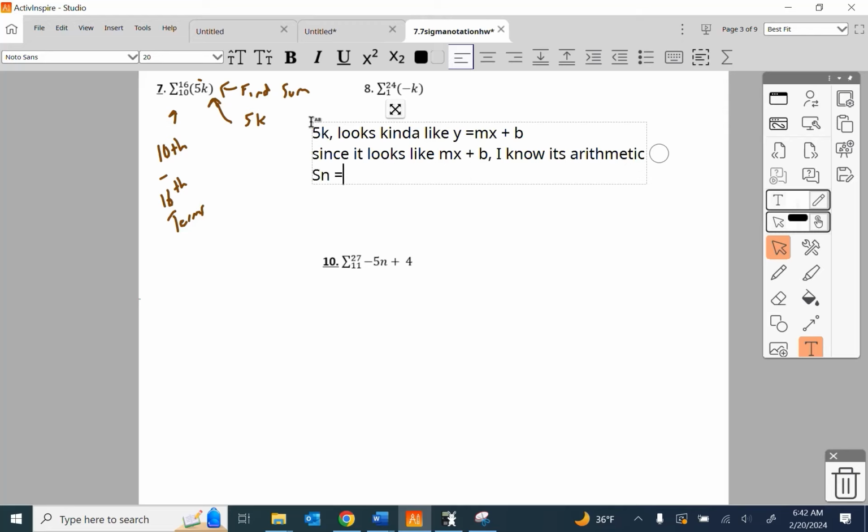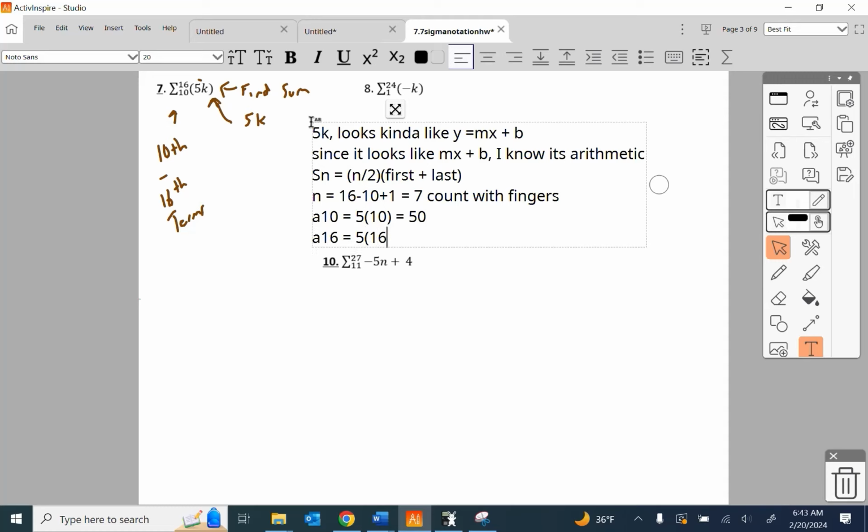So I get to use the form S of n as n over 2 times first plus last. Now n is going to be 16 minus 10, add 1 back. That's going to be 7. There's 7 terms. You can count with your fingers. The first term here that I care about happens when I plug in a 10. So a sub 10 is simply 5 times 10, which is 50. And the last term is a sub 16, which I plug in as 16. 5 times 16 is 80.